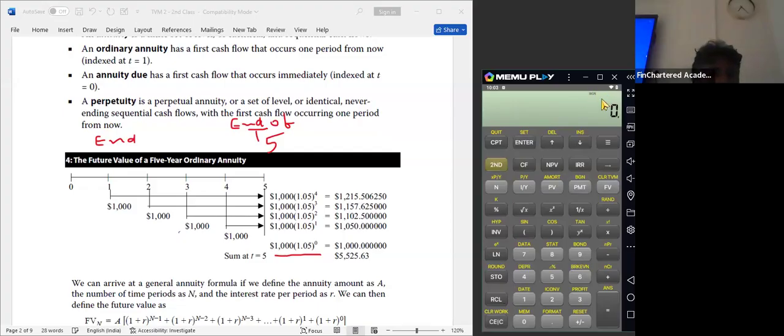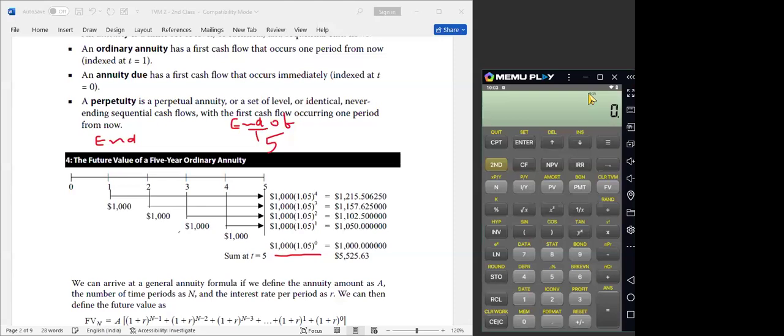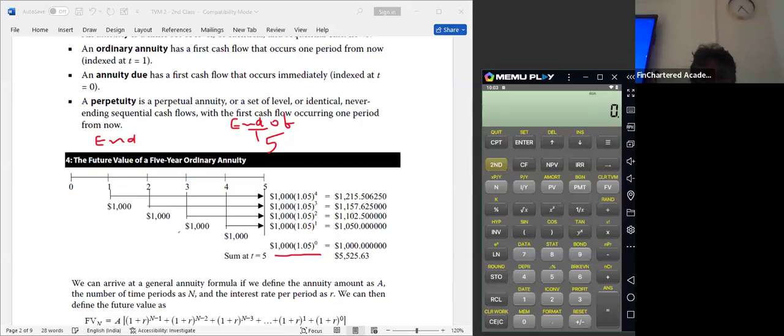First, you should get BGN in your calculator. Bharti, are you able to get BGN? I can't hear you, Bharti. Mrunal, are you able to get it?